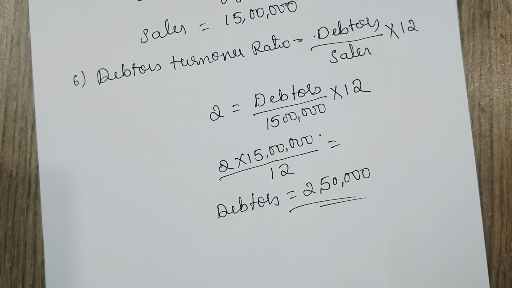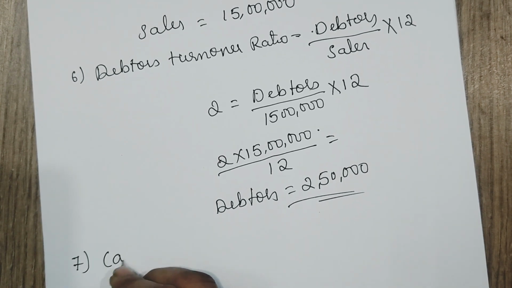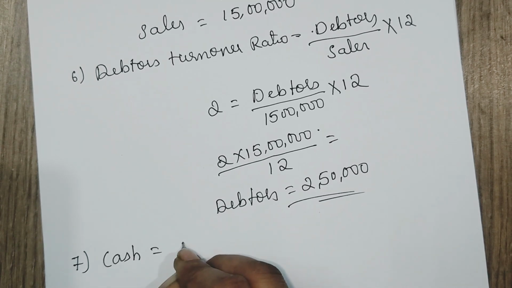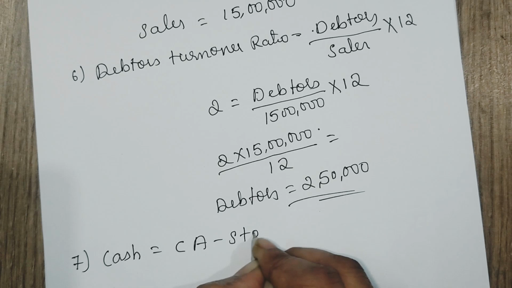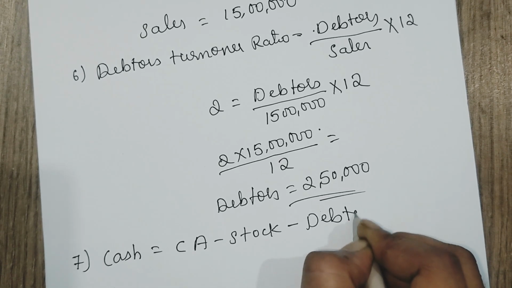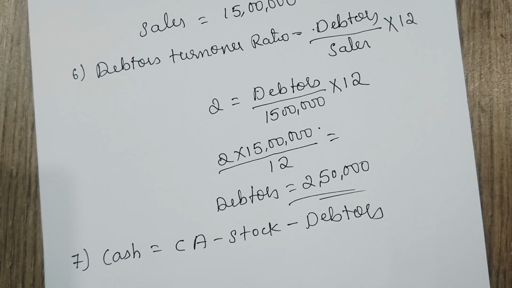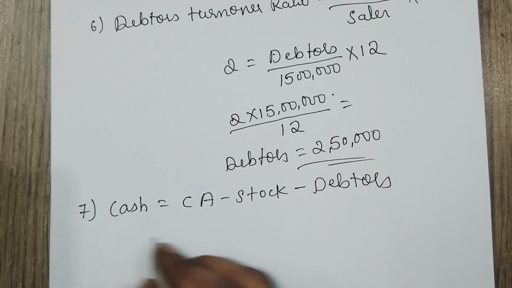Then next, let us calculate. Now cash we will calculate. Cash is equal to, from current assets, we already calculated stock and debtors. If you subtract these two, we will get cash from the total current assets.